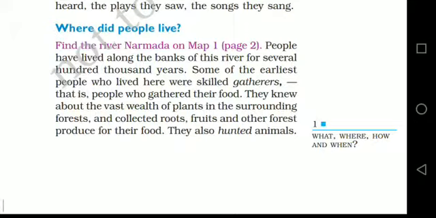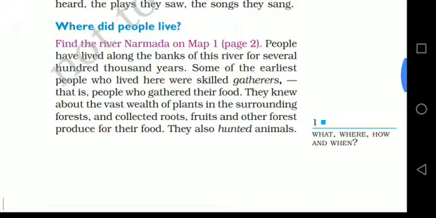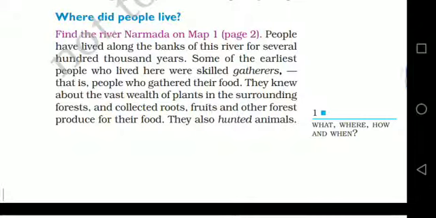So we can understand that in the past people were making their residence near the river, and sometimes they lived where water was nearer so that they could get water. They were also trying to make their residence at places where food was very near, so that they could get food.